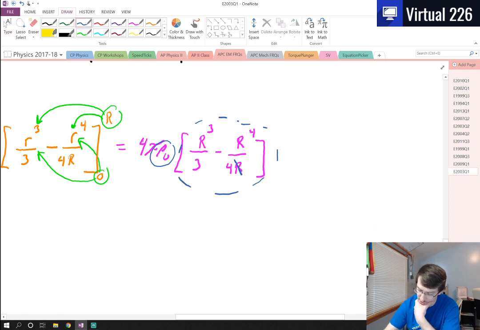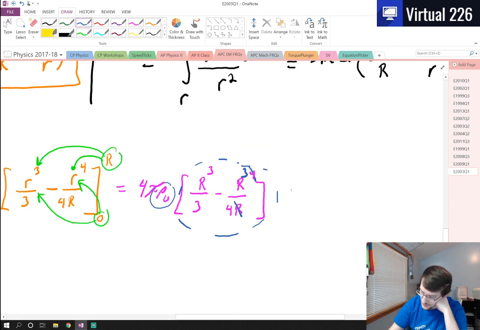We can do that by getting rid of one of those big R's. So now we've got r cubed minus r cubed values. That's nice. And if we do least common denominators by cross multiplying and doing factors in the bottom, we can see that we're going to get 4r cubed over 12 minus 3r cubed over 12, which is going to give us r cubed over 12.